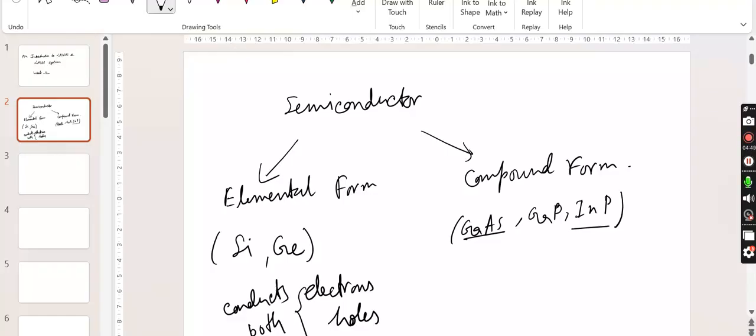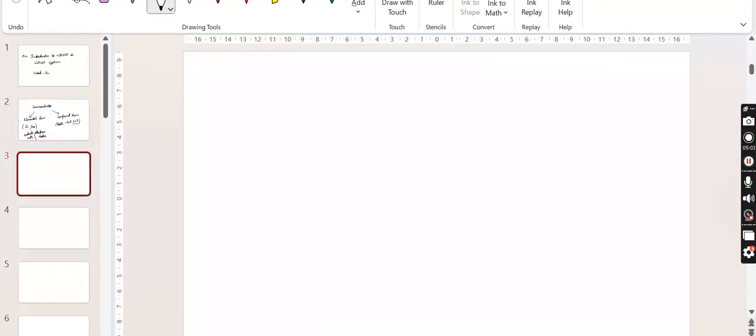The presence of only a trace of impurities can significantly enhance the conductivity of the semiconductor. Semiconductors embedded with such impurities are called doped or extrinsic semiconductors. So we need to understand the difference between intrinsic semiconductors and extrinsic semiconductors.